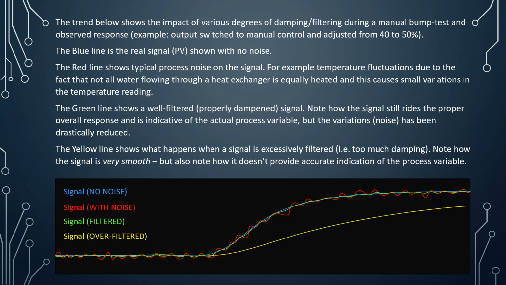The yellow line shows what happens if you put too much damping in or too much filtering. Note how the yellow line is very smooth, which sometimes operators love, but the controller doesn't know where the real level is because this dampened signal is actually way behind what's really going on inside the vessel.